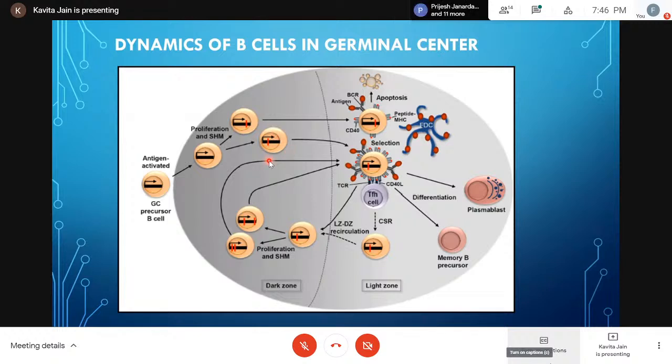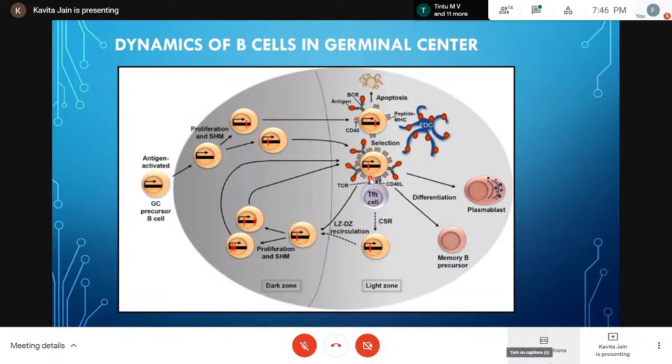The more antigen is presented to the FDCs and the T cells, the better the immunogenic response. So definitely high affinity receptors we get from here. Now from the dark zone, they move to the light zone.